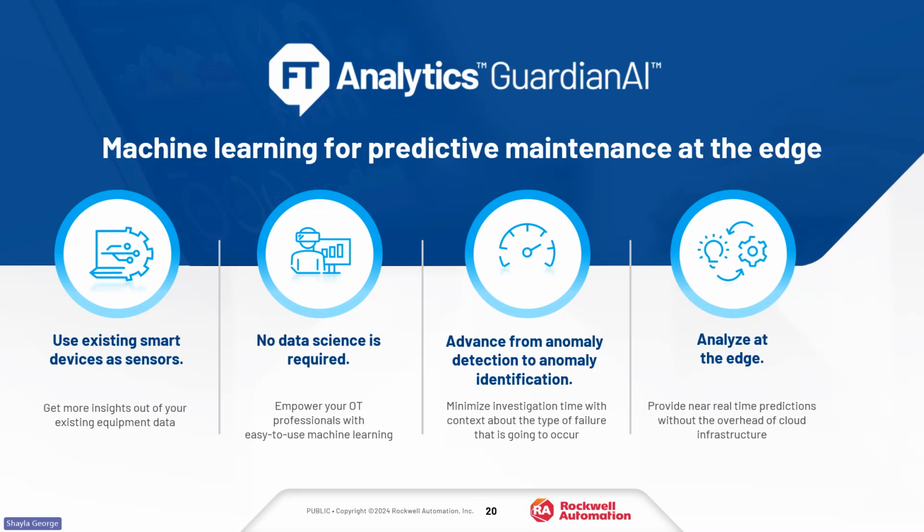Anytime there are any deviations from the normal operation of the system, Guardian AI will detect that, as well as identify what those deviations are if they're within what we call the first principle faults of failure. And then, of course, all this is done at the edge, so you're getting real-time results at a fast pace.